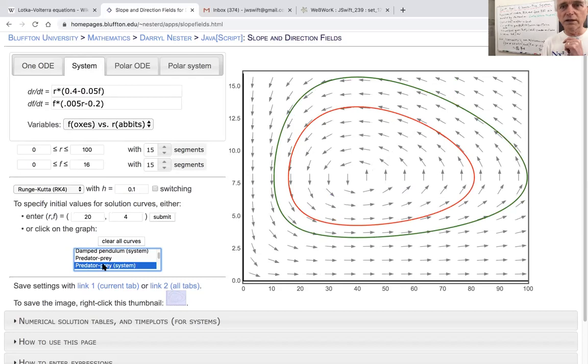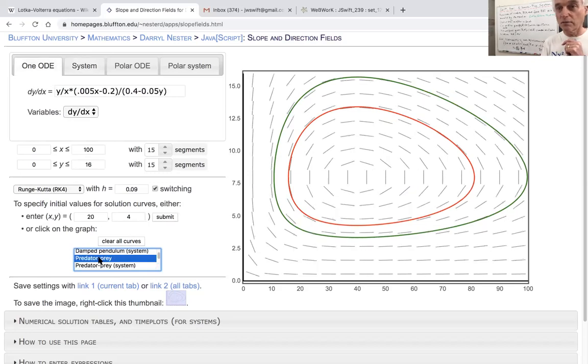These directions have arrows on them, but here you see the slope lines don't, okay? But actually one way that we could show that all these solution curves lie on closed curves is to think of this single first order ODE as we did in the beginning of the class.